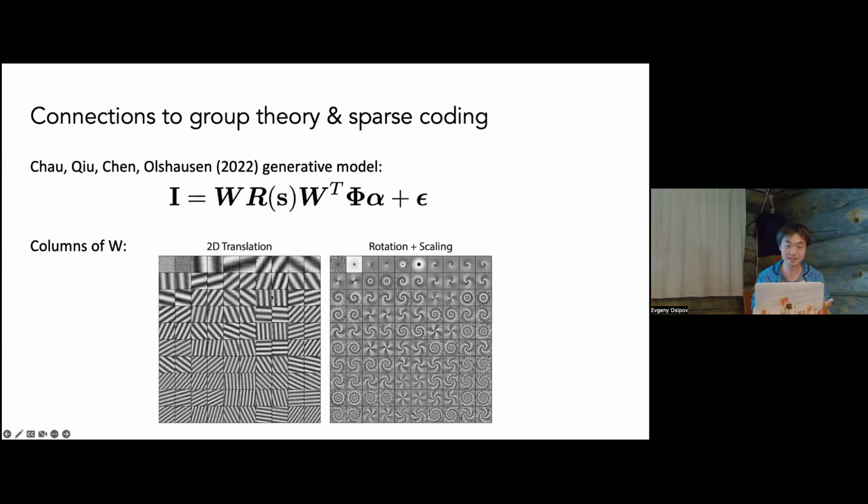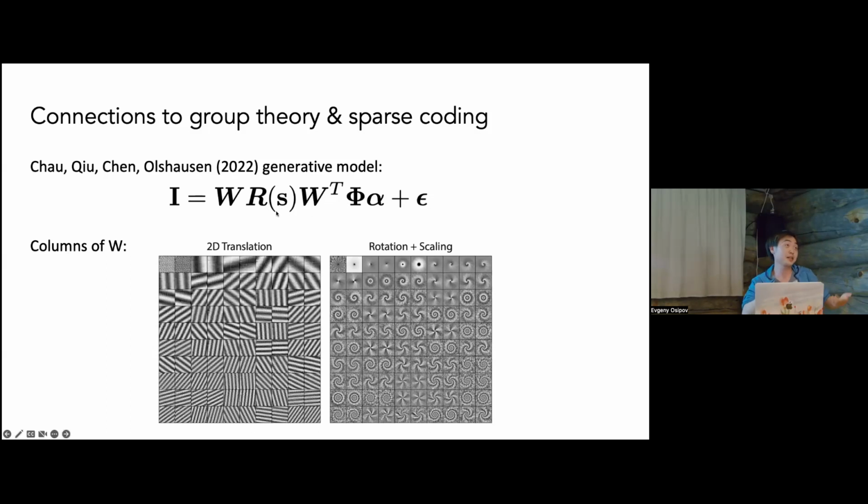You might notice that these patterns might look familiar, or I hope they look something like a Fourier transform of these particular images. And this is exactly the right intuition: what this W transpose matrix is doing is something like a Fourier transform of this particular image representation. Then it's shifting it by a certain amount.